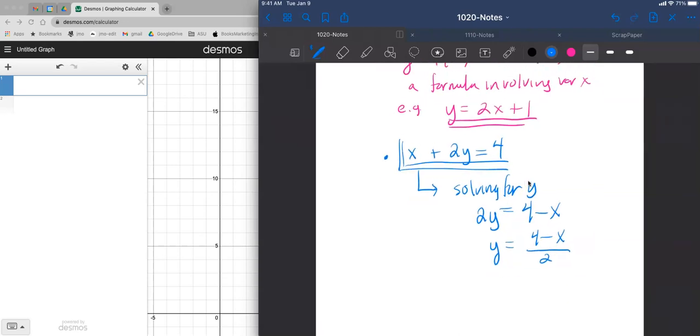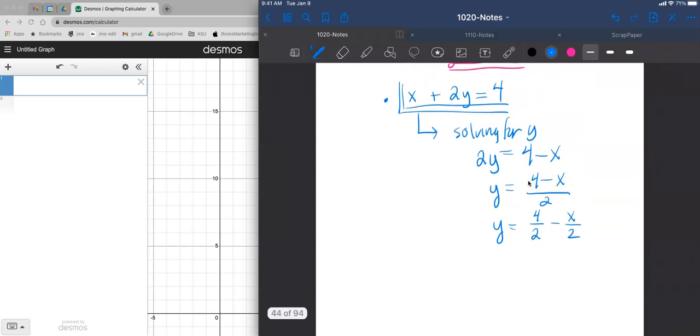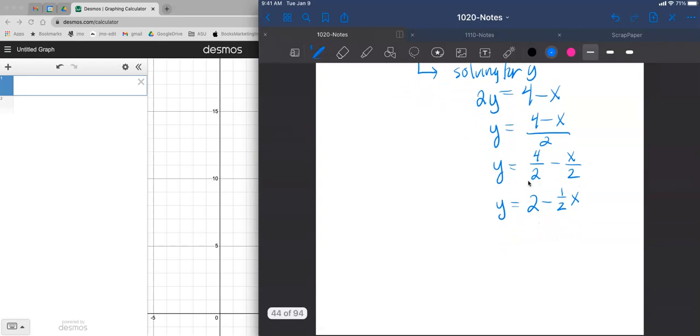If you would like to do a little bit of simplification, (4 minus x) over 2 is the same thing as 4 over 2 minus x divided by 2. Another way you could write that is 2 minus 1/2 of x. If you feel more comfortable writing the x first, you can put negative 1/2 x plus 2.